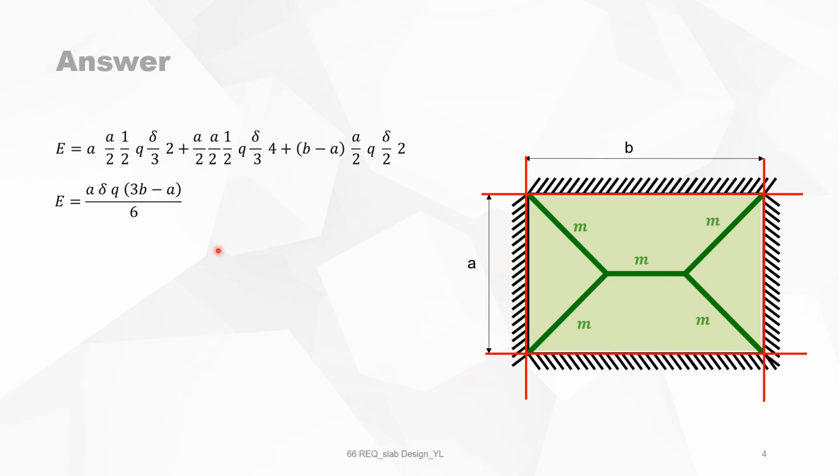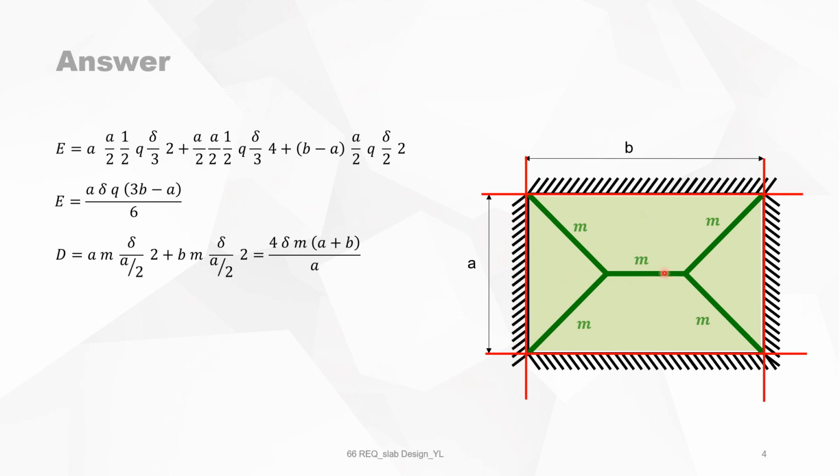If you simplify this equation, then you've got the work done by the external forces. The work done by the internal forces is this bending moment M projected on this axis of rotation, which gives you M times B. And the angle of rotation is, of course, delta divided by A over 2.